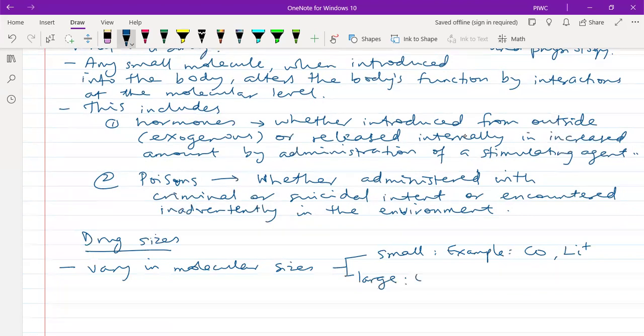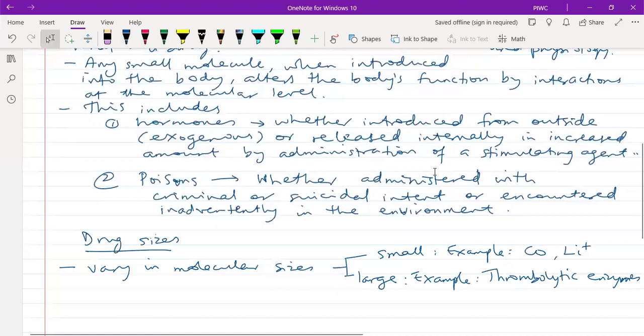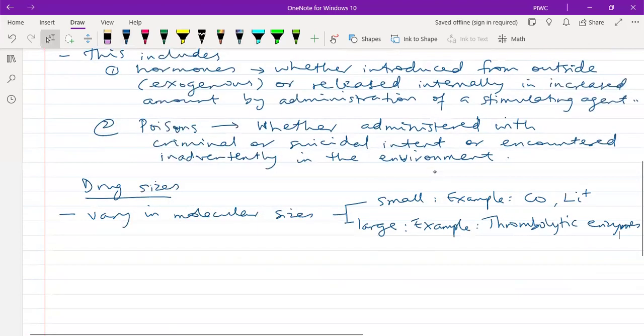Or you could have large sizes, large molecules. For example, if you take something like thrombolytic enzymes, they are large proteins. So they vary from small sizes to large sizes. Okay, but most drugs will have a molecular weight between 100 and 1,000, right?